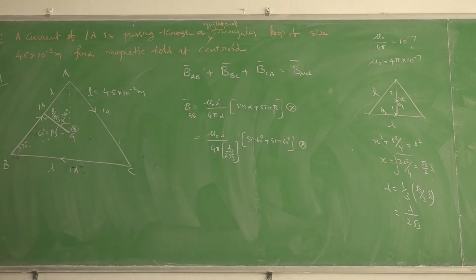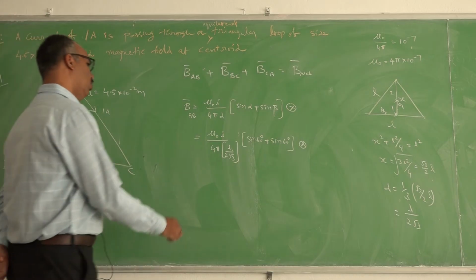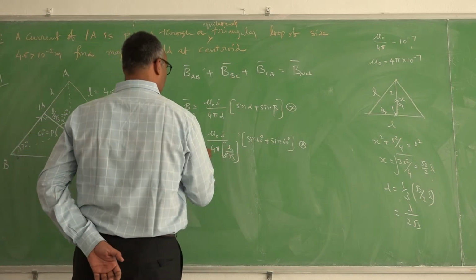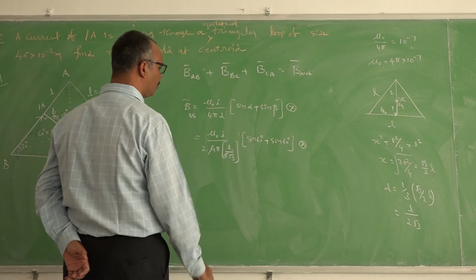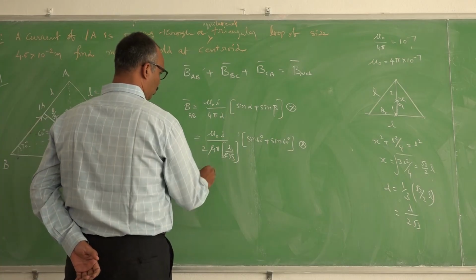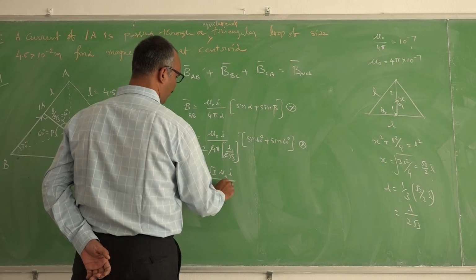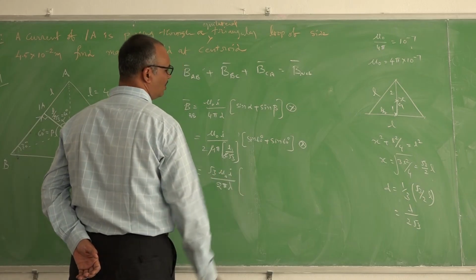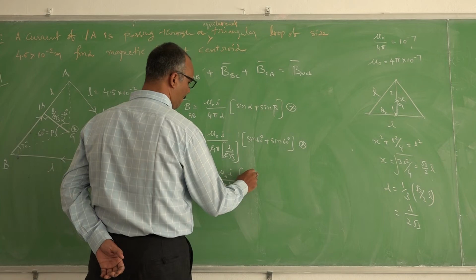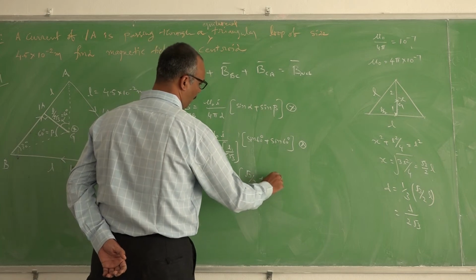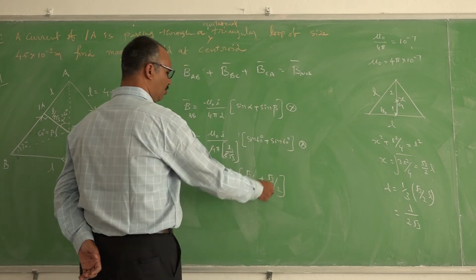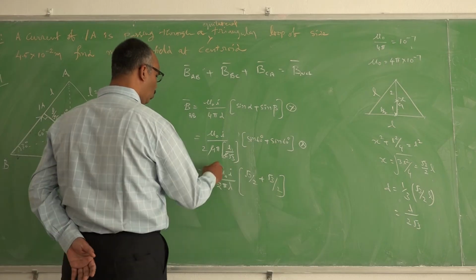Now it will go for 2 times. So root 3 mu naught I by 2 pi L, with sin 60 as root 3 by 2 plus root 3 by 2. So it becomes root 3. Root 3 into root 3 becomes 3.